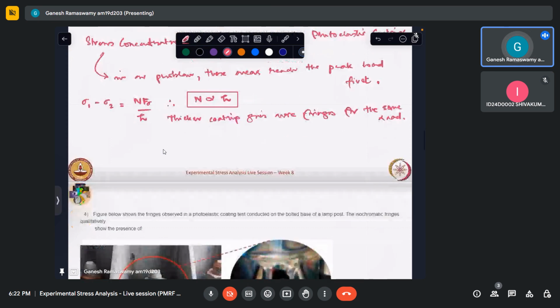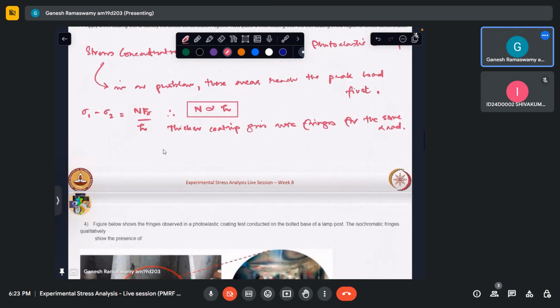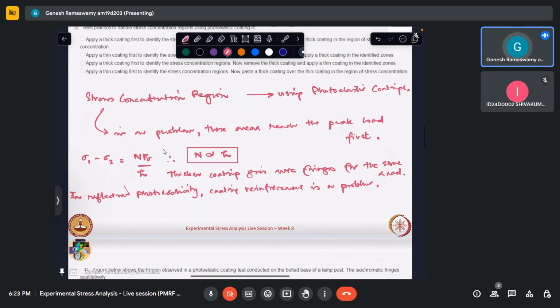Now, this is from our knowledge of transmission photoelasticity. Coming to reflection photoelasticity, we also have the problem of coating reinforcement. So, the thicker the coating, the more it will reinforce the actual specimen, and our results will start deviating from the actual mechanics of the problem that we are trying to study.